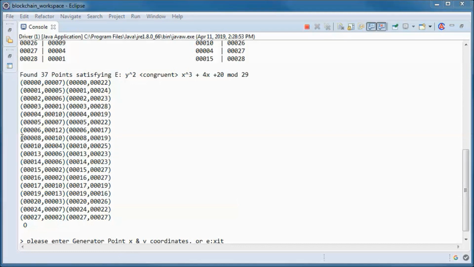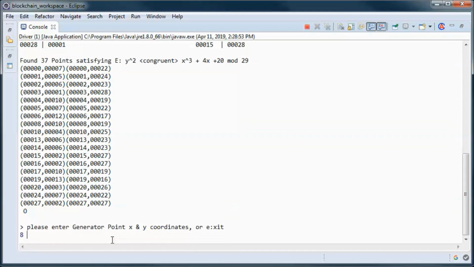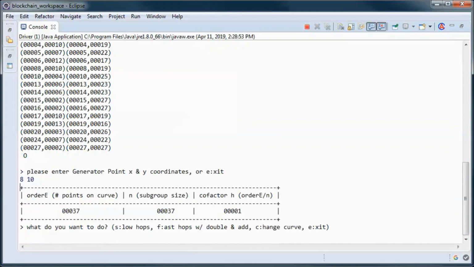And let's use this as a generator point. So it generates the entire group. So the cofactor h is 1, so n is 37, and the order of E, or the number of points on the curve, is 37.